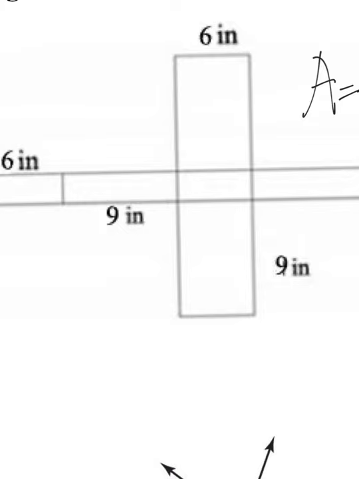The base times the height for the first one is 2 times 6. If you look, there should be one just like it right here. That would be considered the bottom and the top, 2 times 6.